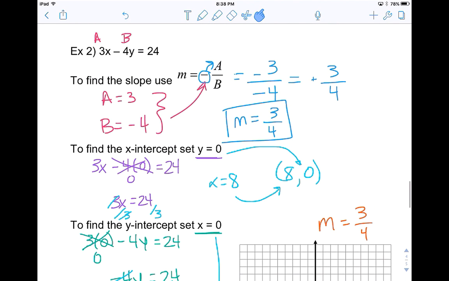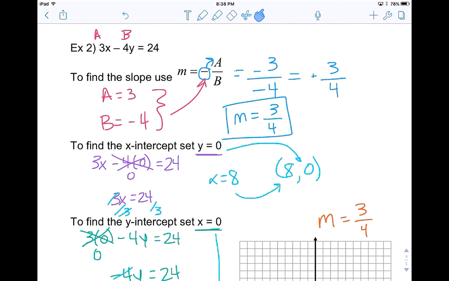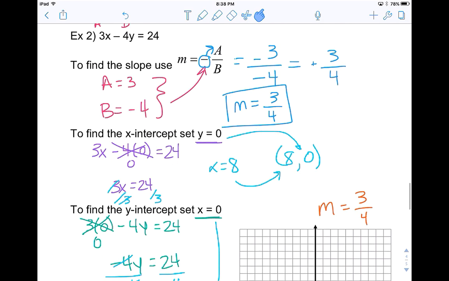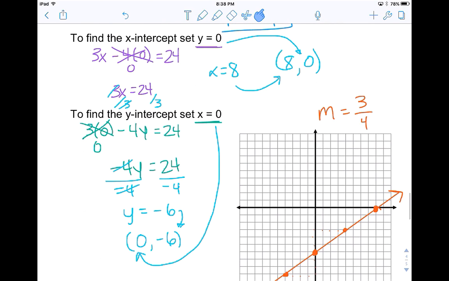Alright, so to review real quick, to find our slope this time, keeping it in standard form instead of getting y by itself, we just identified the values for a and b, and then plug them into that formula, negative a divided by b. And then simplify, so in this case it simplified to a positive 3/4. Then we find our two intercepts, our x-intercept and our y-intercept.